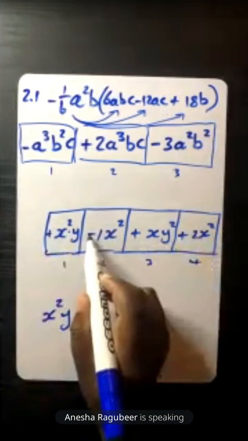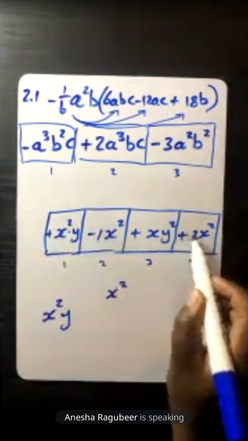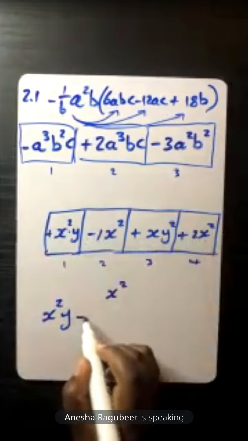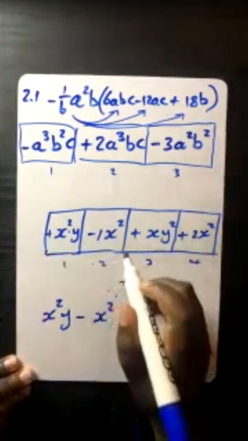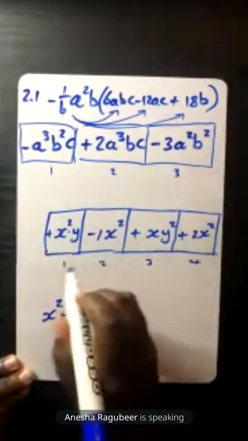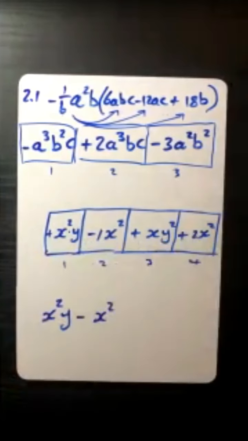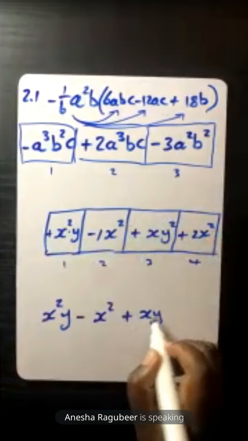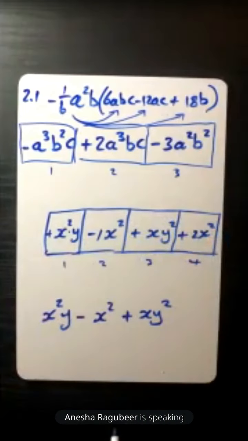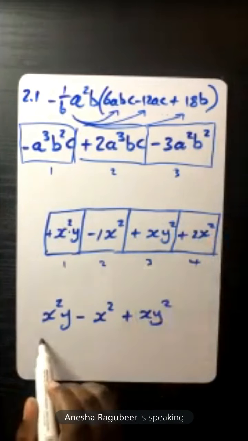Obviously, when you punch negative 1 plus 2, you get minus 1x squared. Do you agree with me on that one? Do you understand that part? Yes, sir. Then also you remain with that plus x y squared. Reason to that is because you cannot work it out with anything else.